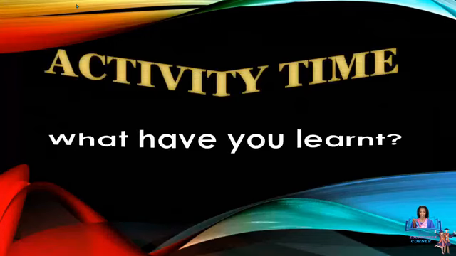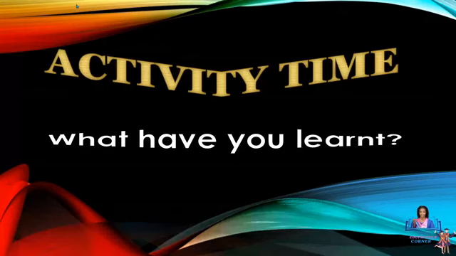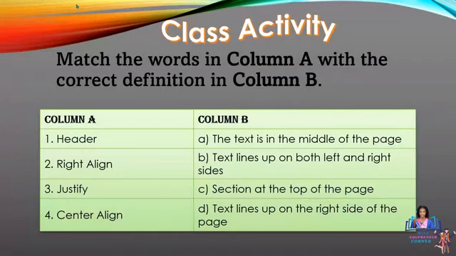So activity time. We can't wrap up without assessing that which you would have learned. So what have you learned? So you are required to match the words in column A with the correct definition in column B. So in column A we have header, right align, justify, and center align.